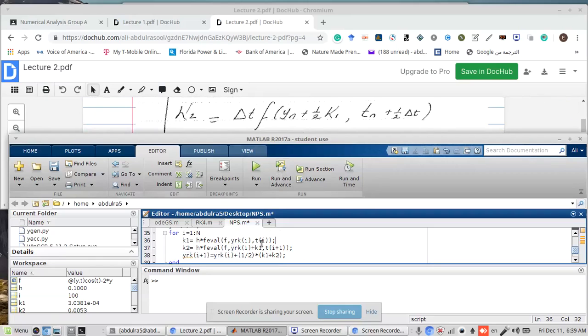K2, K2Y here half, and here also we have plus H. Too much of this one.